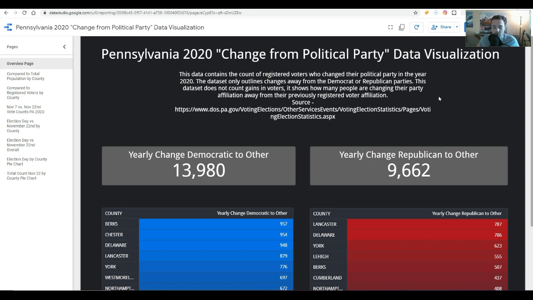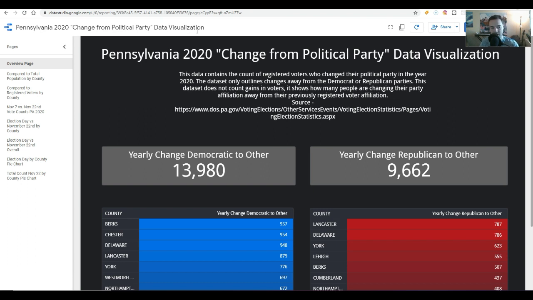When I was looking through the data, I was looking for interesting pieces I could find to display, things that maybe people weren't talking about. That's why I named this overall dashboard the Pennsylvania 2020 Change from Political Party Data Visualization, but I kind of went much further than that.